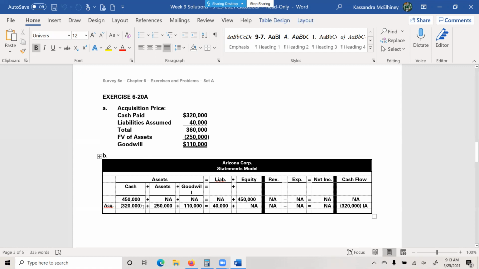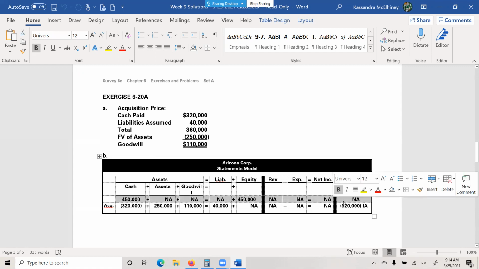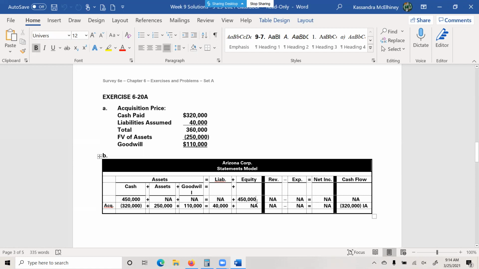So the book gave us, in Arizona Corporation, the first entry, which was just the existing figures from the book at the time of the transaction. So we had $450,000 cash and $450,000 equity. The second line shows the acquisition of Data Systems by Arizona Corp.